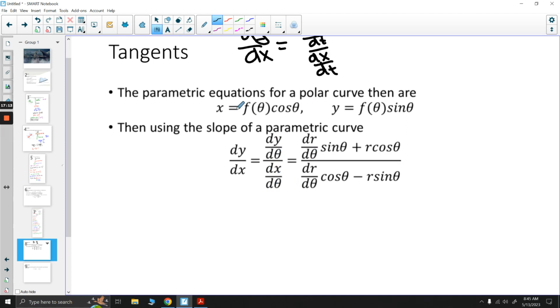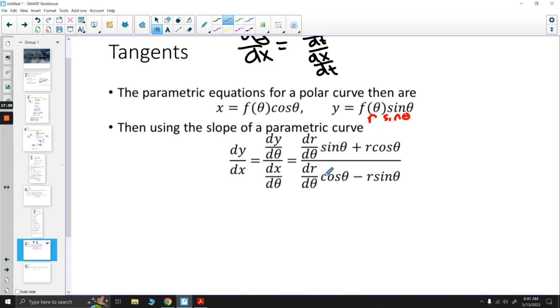So if we think about this thing here, that means that if we are differentiating our y with respect to theta, we get, again as a reminder, r like this. The derivative of r is dr d theta times sine theta, plus the derivative of sine is cosine times r. That's what that is because it's a product rule.